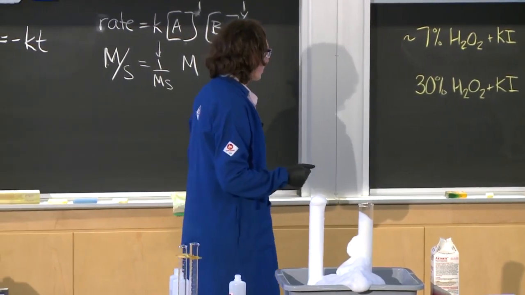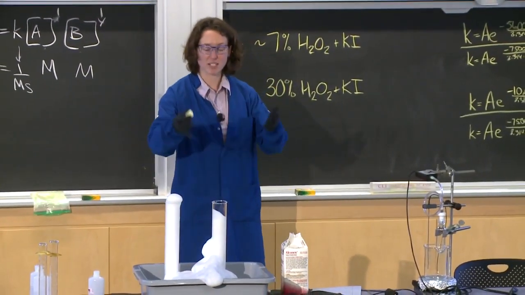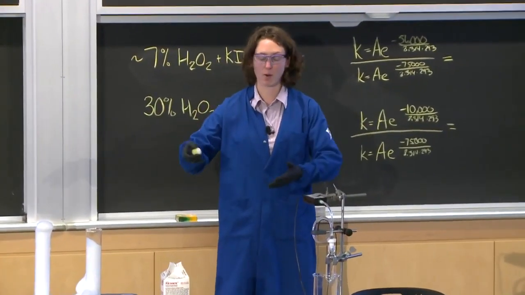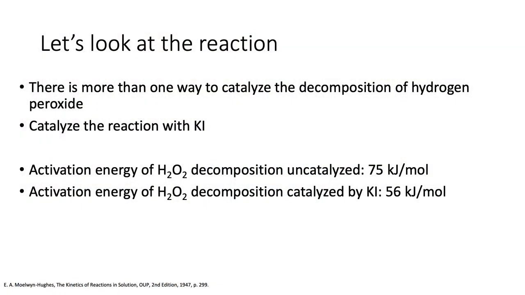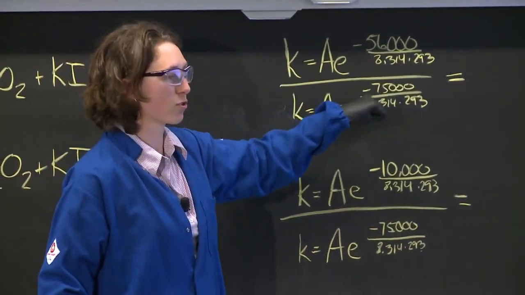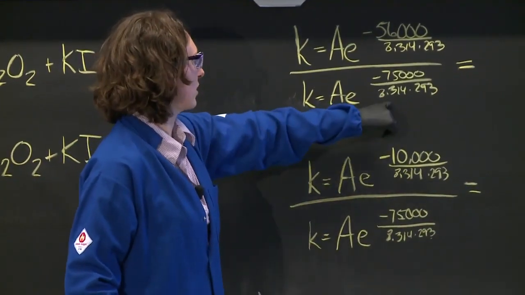So we can do a little bit of math about how much faster the potassium iodide makes the reaction go than just what would happen in your bottle at home. The activation energy of hydrogen peroxide decomposition that is uncatalyzed, just happens in nature, is 75 kilojoules per mole. So if we use our Arrhenius equation, then we can plug in 75 kilojoules, or 75,000 joules, to match our gas constant units.